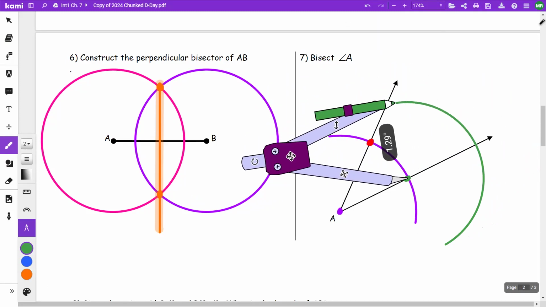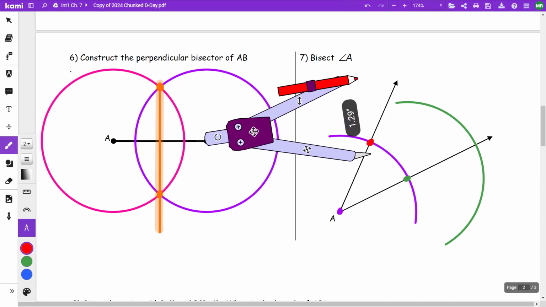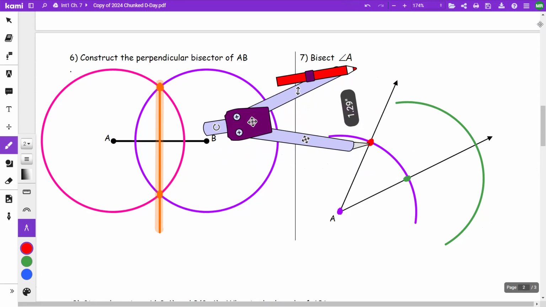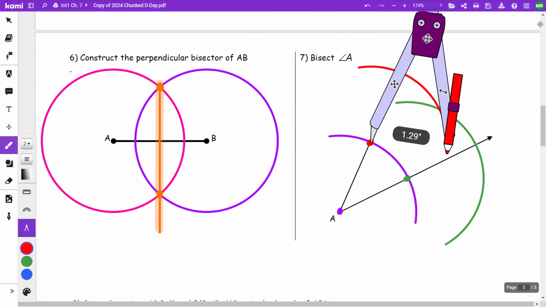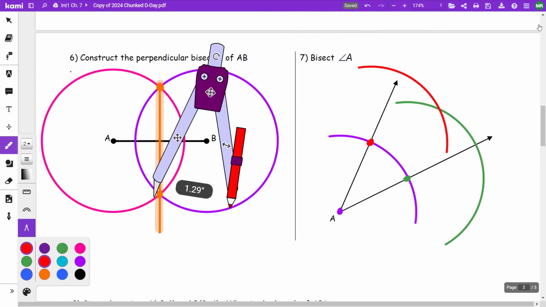I want it to go in between the 2 sides of the angle. I am now going to draw a third circle with the same radius, from this red point of intersection. And I want to see where those 2 cross.